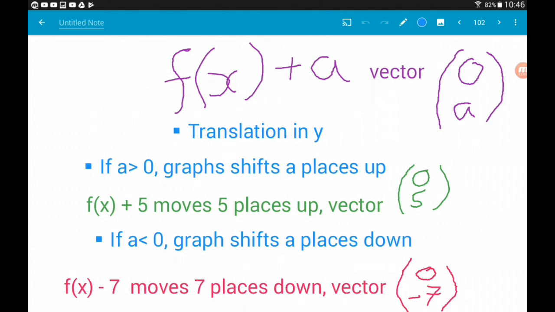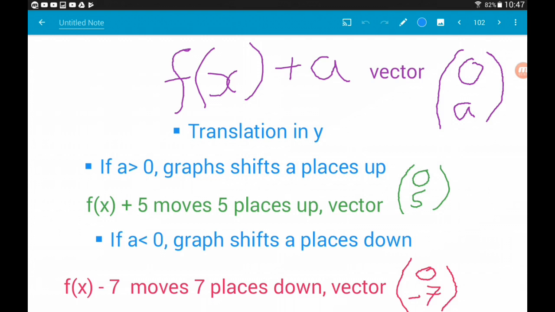For example, if we had f of x minus 7, then this is going to move the graph 7 places straight down, and the vector for that is (0, -7). So that's what y translations look like.